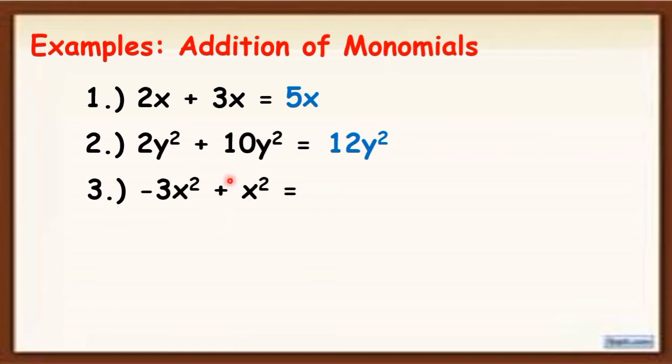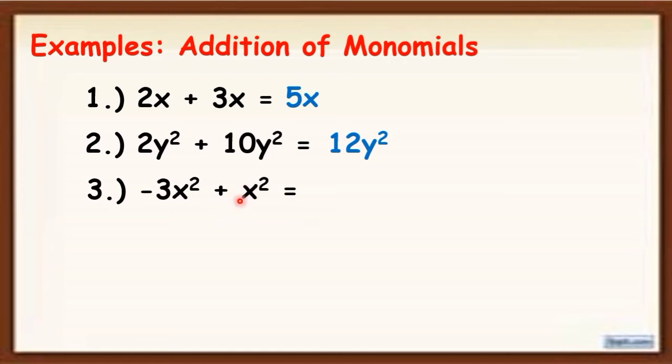Remember that if there is no numerical coefficient, meron niyang 1 as a numerical coefficient. So as you can see, in the first given, which is the negative 3x squared, the sign of the numerical coefficient is negative. And the other one, which is x squared, is positive. So apply the law of signs.